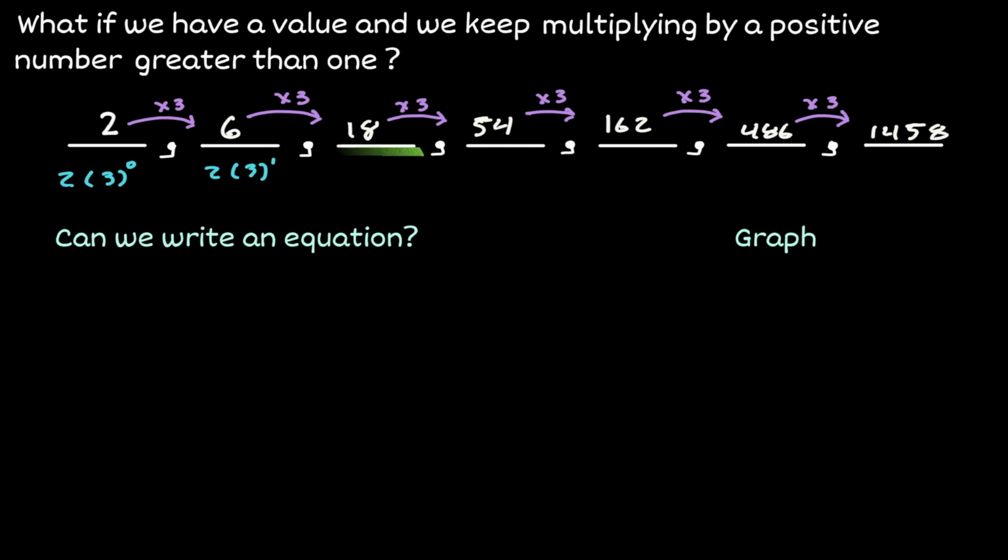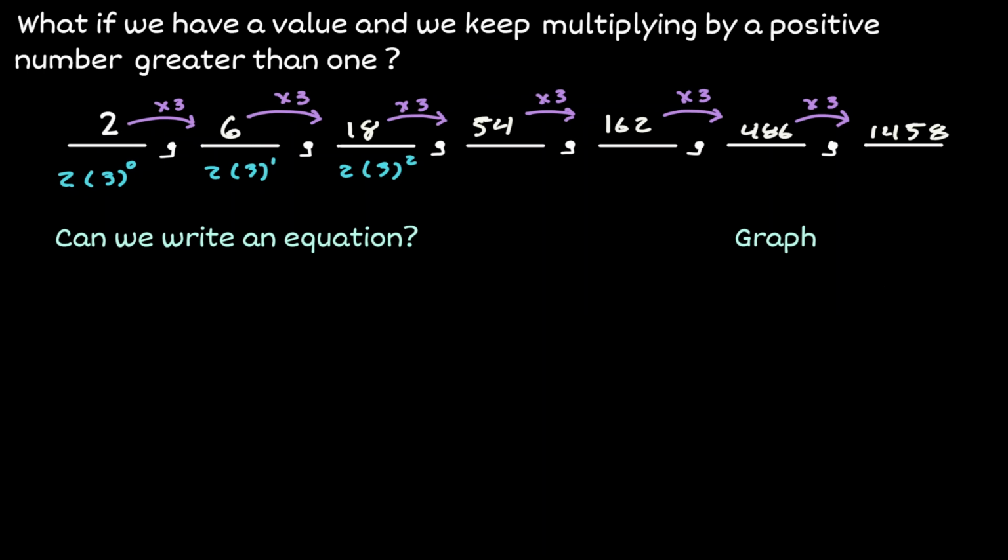And the value of 18, this is a value that we obtain when we get the value of 2 and we multiply 3 2 times. So we can say that 18 is equivalent to 2 times 3 2 times. The value of 54 is the value that we obtain when we got 2 and we multiply times 3 3 times.